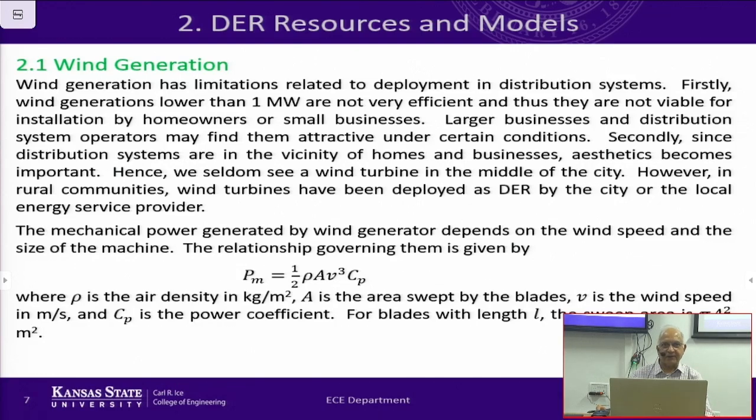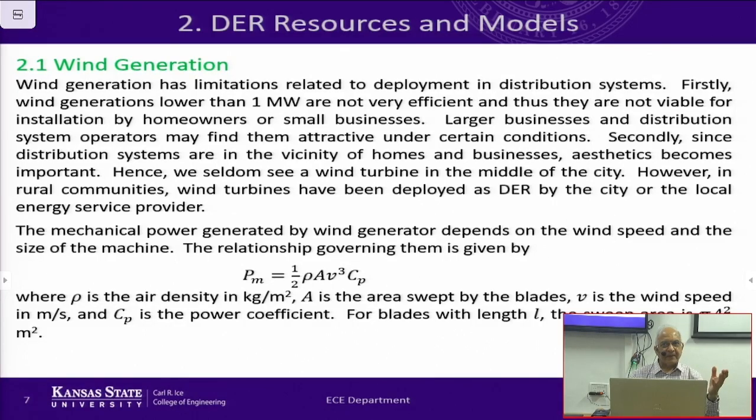It's too big for us. Also, you don't want to put a windmill in the middle of the city, because that creates social issues, noise, and other wind related issues. So in an urban setting, wind generators are not suitable.